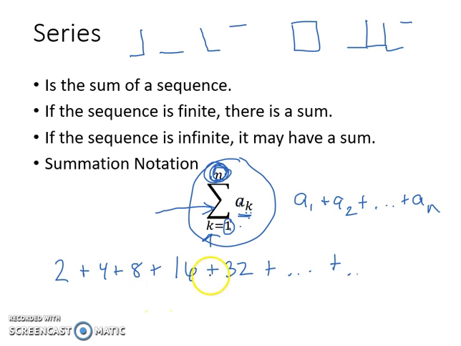So in this case, if I wanted a sub 1 to a sub 5, we would write the summation of k equals 1 through 5 of a sub k.